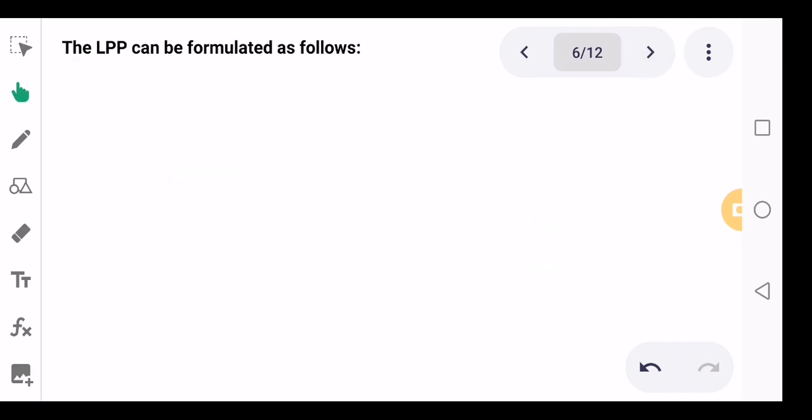Now we have to write down everything together. The LPP can be formulated as follows.